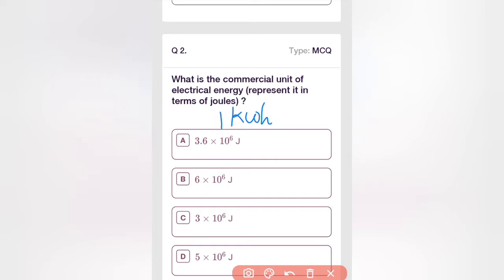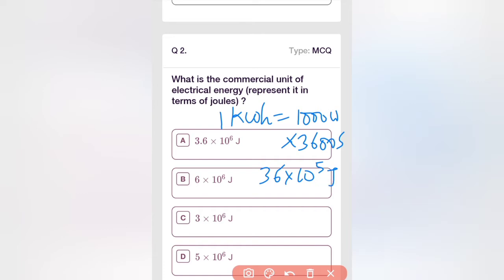And this 1 kilowatt hour, 1 kilowatt can be written as 1000 watt into 1 hour, which is 3600 seconds. So when we multiply this, we get 36 lakh joule.